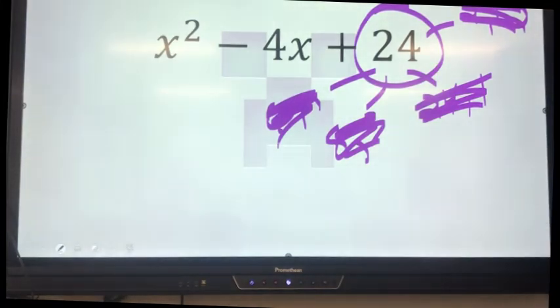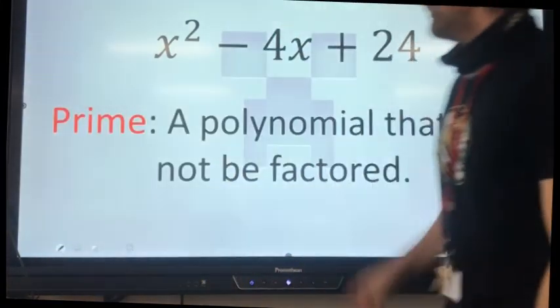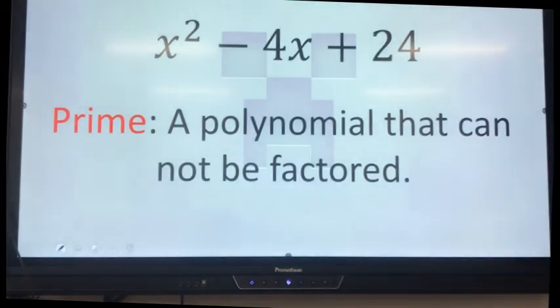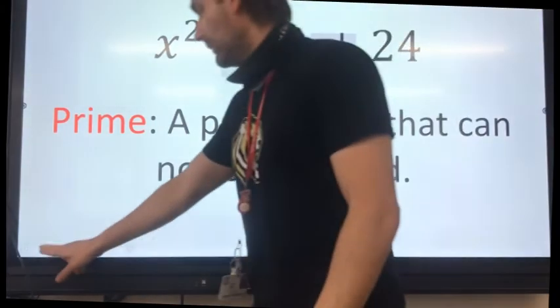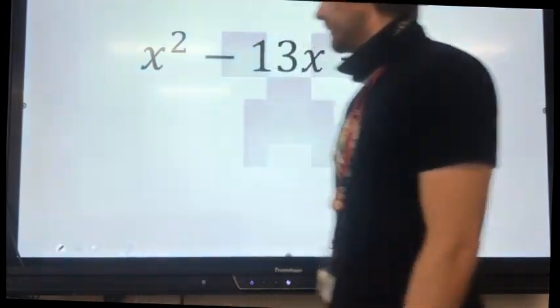If that happens, then this polynomial is considered prime. Cannot be factored is what you'll see as an answer choice. But just FYI, there are some polynomials that you can't factor. They're prime. Don't expect that too much, or as a trick question.